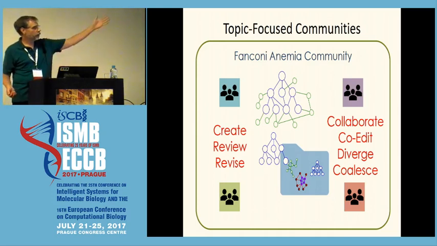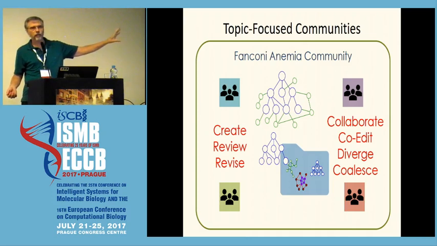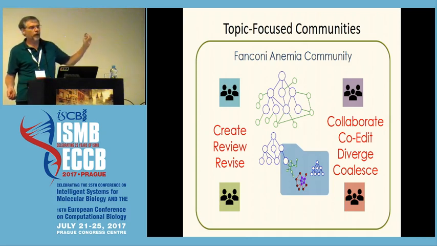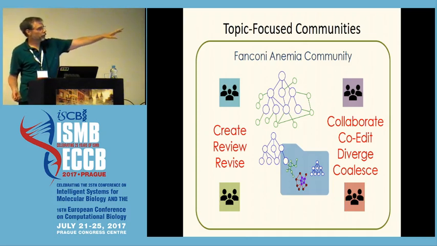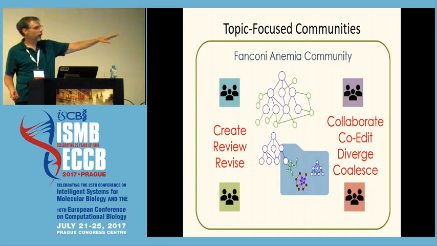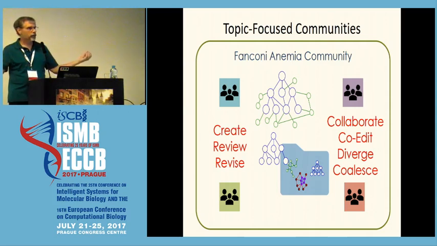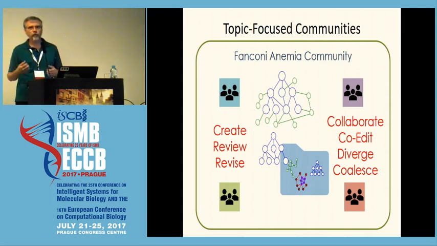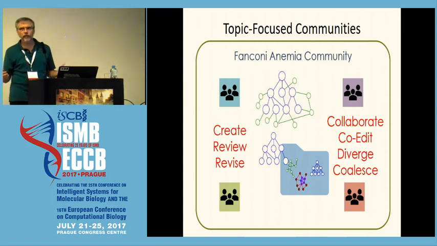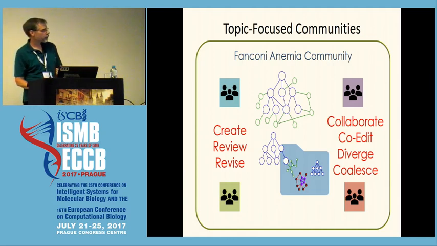And so within that, yes, create, review, revise by the participants in that community. And notably, we need the tools to allow people to collaborate, to co-edit, and we want things to be able to diverge and coalesce, where people can reuse something, modify it, bring them back together later. It needs to be a dynamic set of tools that can be driven on top of this infrastructure.